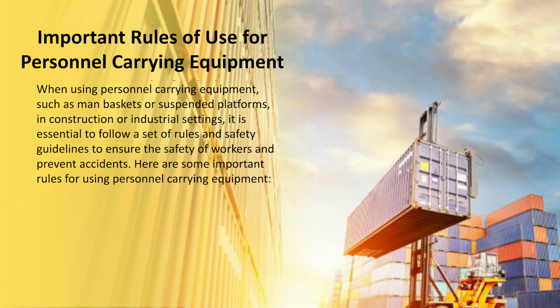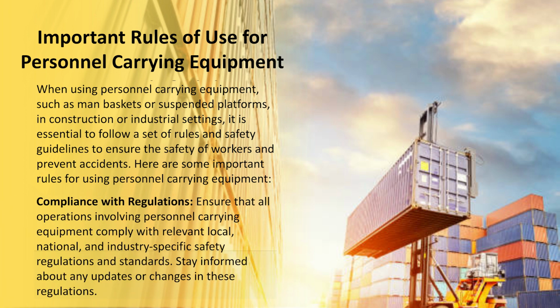Here are some important rules for using personal carrying equipment. Compliance with regulations. Ensure that all operations involving personal carrying equipment comply with relevant local, national and industry specific safety regulations and standards. Stay informed about any updates or changes in these regulations.